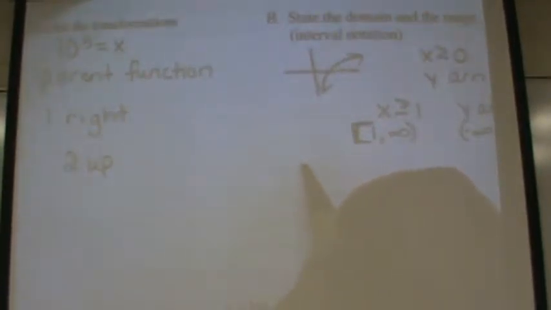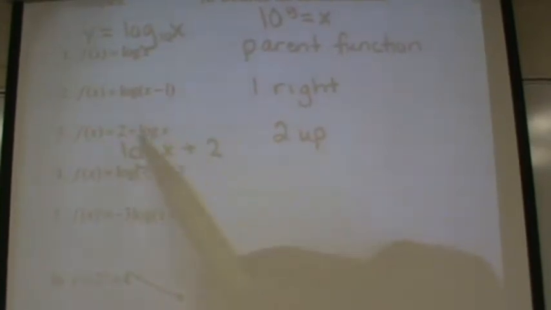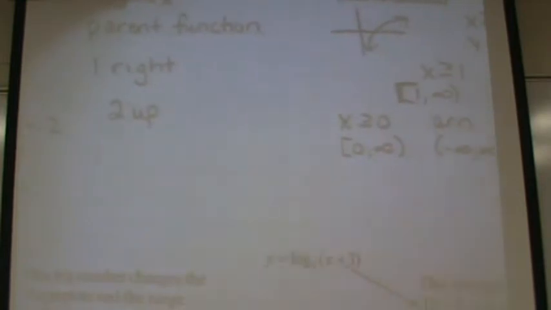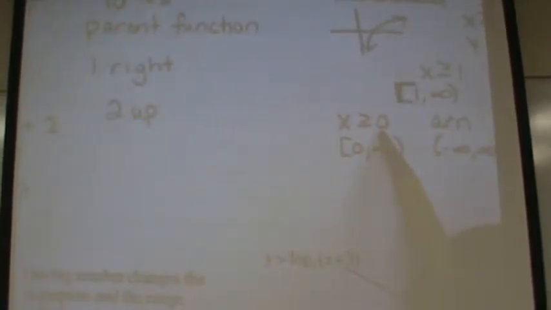It's still x is greater than or equal to 0, and your range is still all real numbers. So how do you write x is greater than or equal to 0? Bracket 0 infinity, and then negative infinity to infinity. So everyone have this 3, it's 2 units up, that's describing the transformation. And the domain and the range is going to be greater than or equal to 0, and all real numbers.